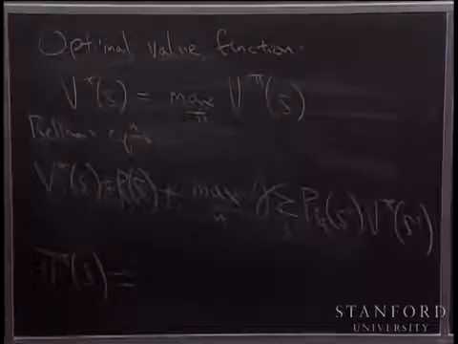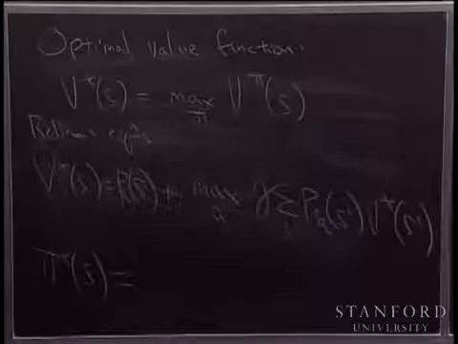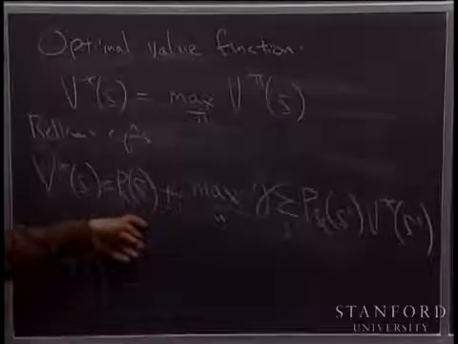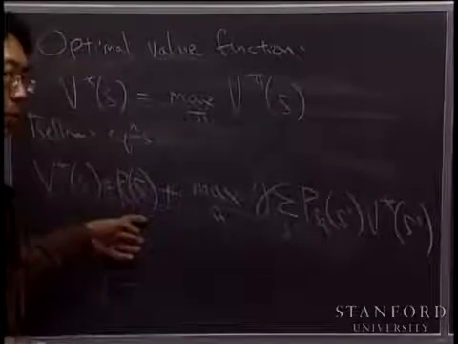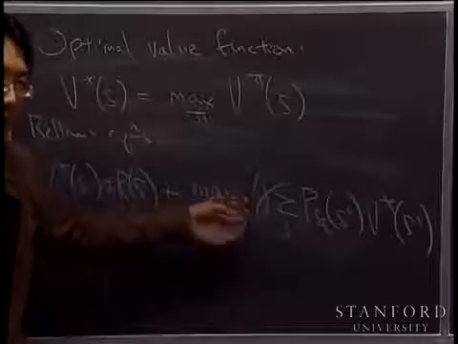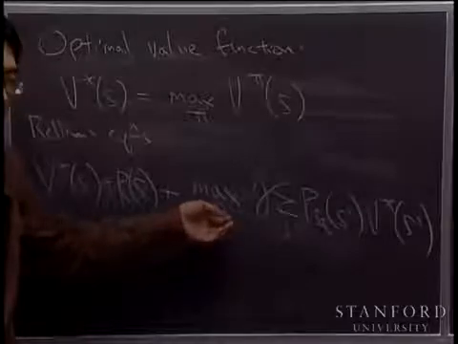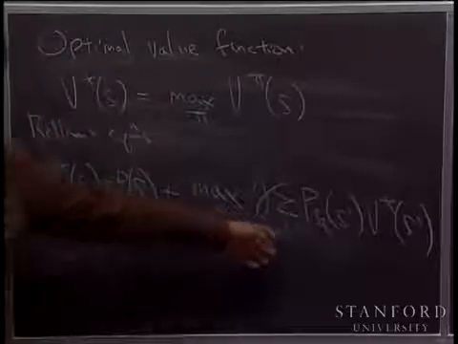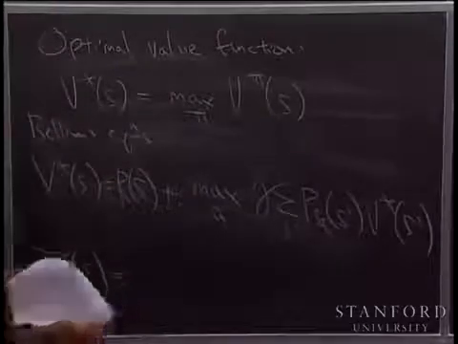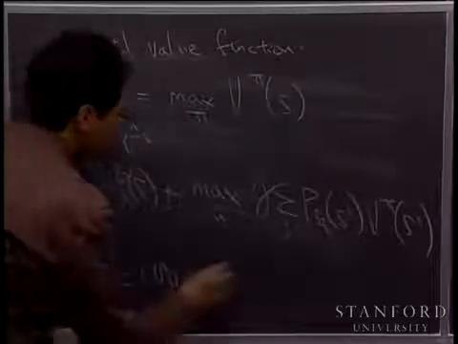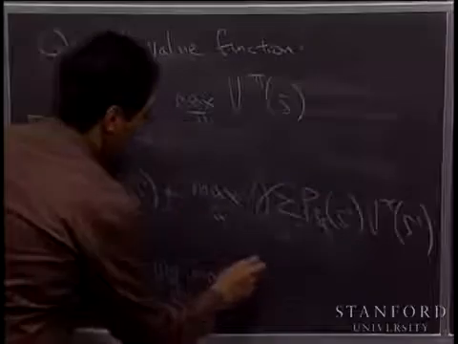Let's say I'm in some state s and I want to know what action to choose. Well, if I'm in some state s, I'm going to get an immediate reward R of s anyway. So the best action for me to choose is whatever action will enable me to maximize the second term. If my robot is in some state s and I want to know what action to choose, I want to choose the action that'll maximize my expected total payoff. And so pi star of s is defined as the argmax over actions a of this same thing.